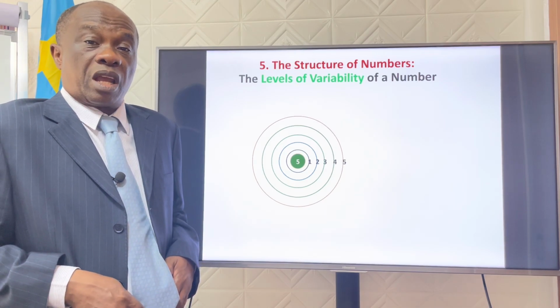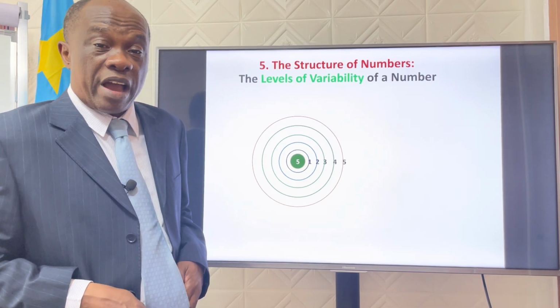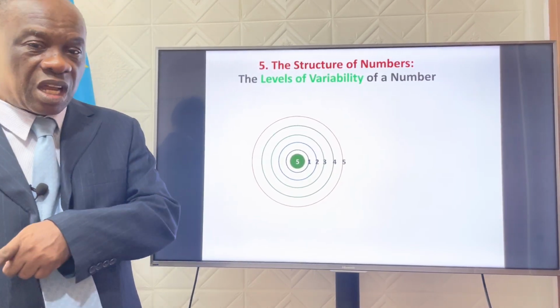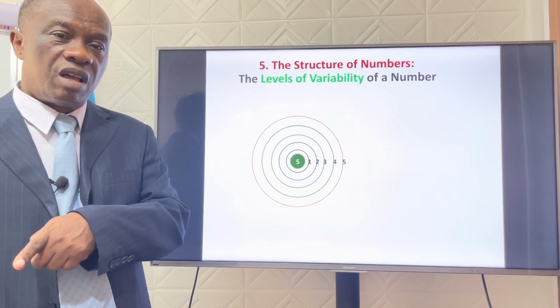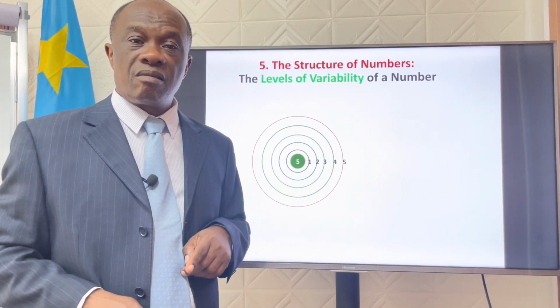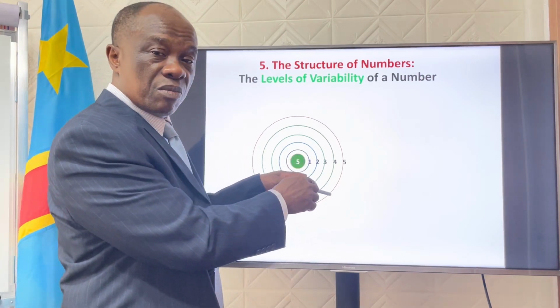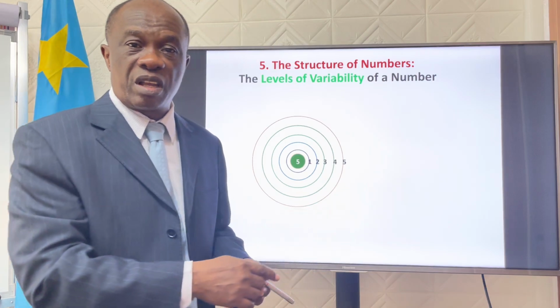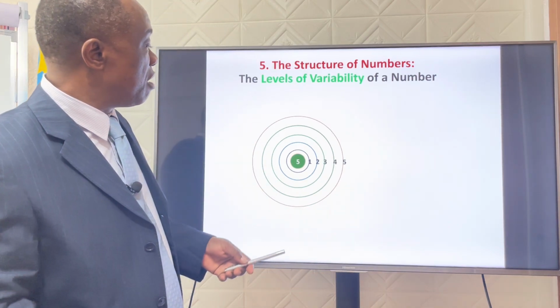Then when you are counting it, you consider 5 is moving: 1, 2, 3. How many times does it move? It has to move 5 times. Every step it makes is a level of variability.